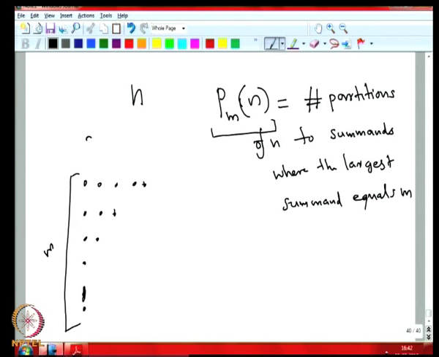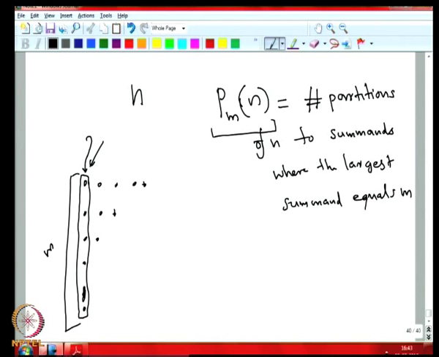Now we consider the conjugate partition, and the first row will correspond to the first column. This will always be exactly equal to m, and obviously this is the largest summand in it. So consider the set of partitions of n where there are exactly m summands, and the set of partitions of n where the biggest summand is equal to m.